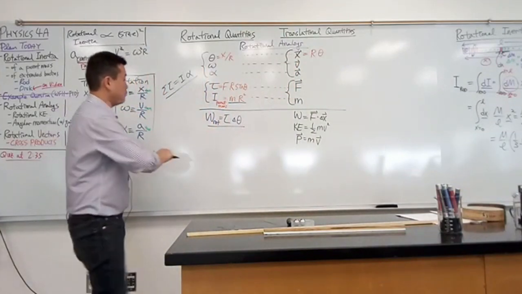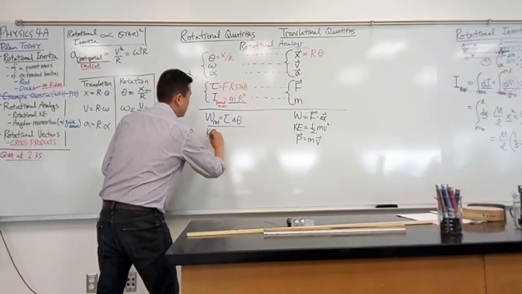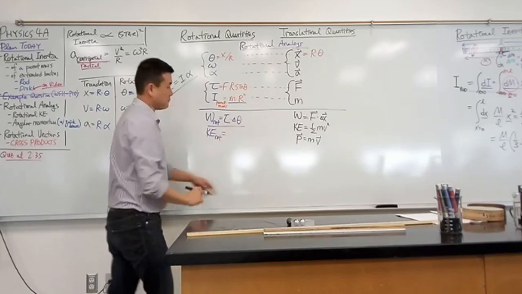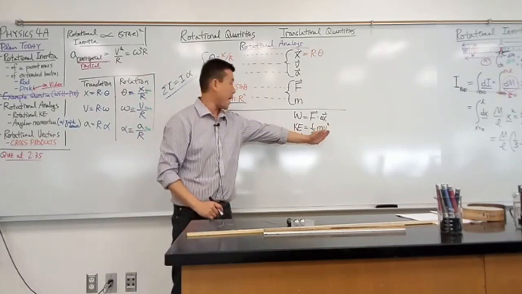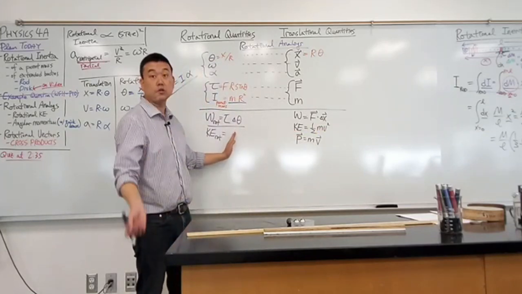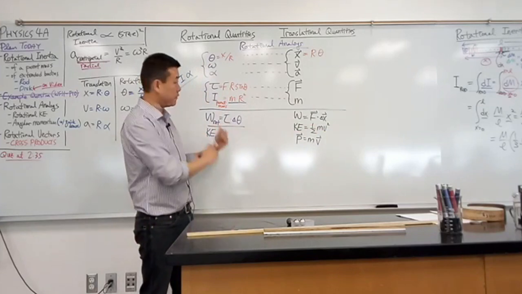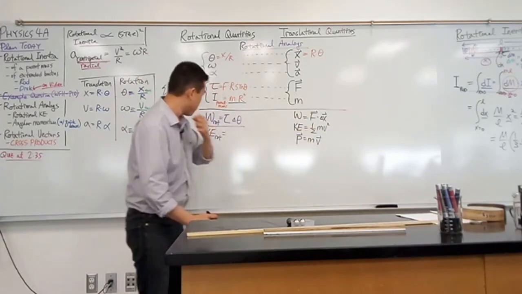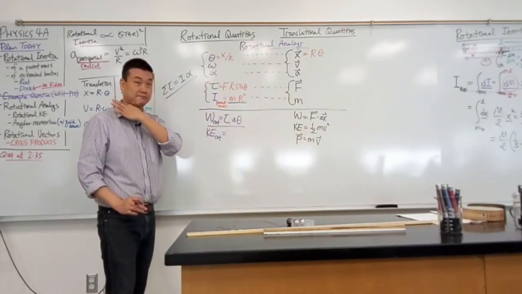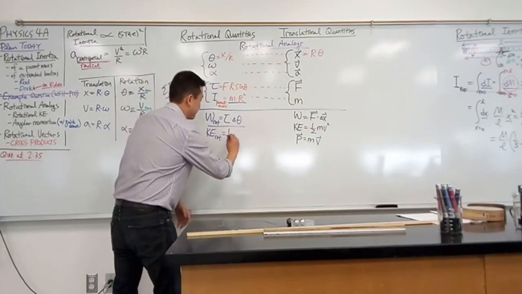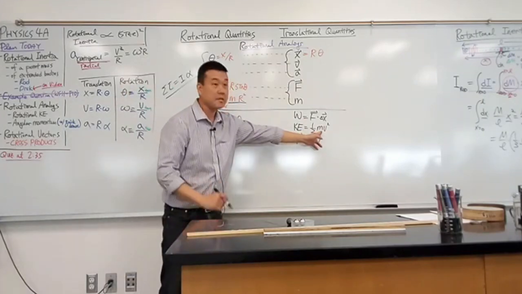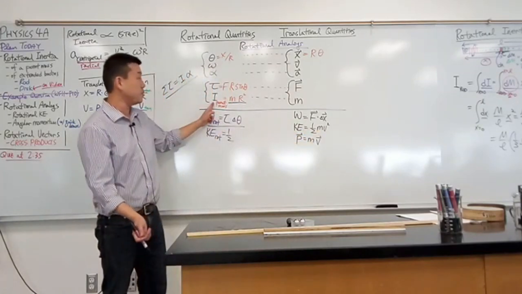So the rotational kinetic energy is given by, all right, I see this formula here. Let me copy it over, converting each of the quantities to its rotational version. What's the rotational version of 1/2? Still 1/2. It's a constant. Times m. So the mass is going to be rotational inertia.